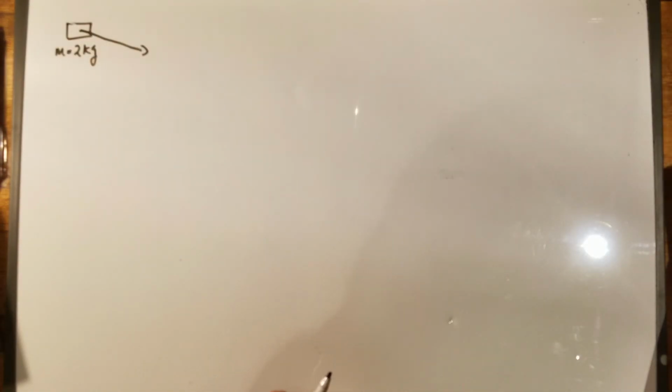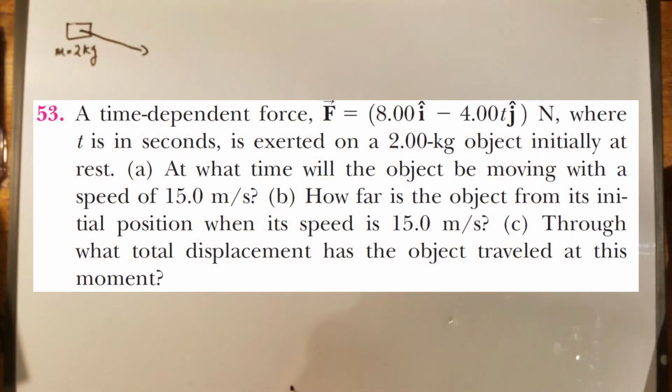For number 53, we are told that a time-dependent force, F, as a function of time is equal to 8i minus 4tj newtons, where time is in seconds, and it's exerted on a 2 kilogram object initially at rest.